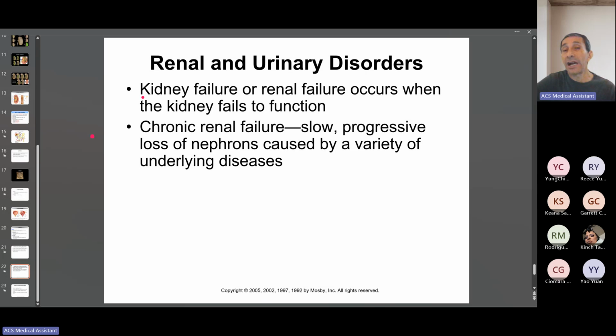Now it can be an acute kidney failure that happens for a period of less than 8 or 12 days, versus a chronic one, which is a progressive damage to the internal structures of the kidneys, which are the nephrons. If it is chronic renal failure, then that's when you're going into dialysis. Then it's when you need a kidney transplant.